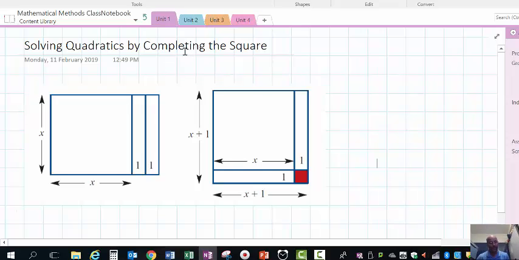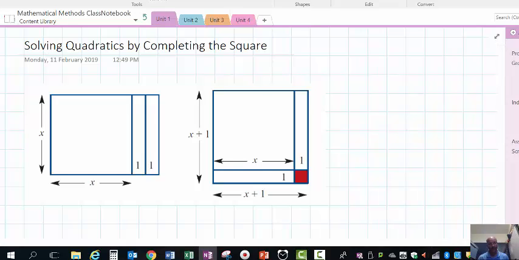The aim of this video is to learn about solving quadratics by completing the square. Let's have a look at the diagrams we can see. On the left we have something that's not a square. So we have an area which is x on one side going up and down there.